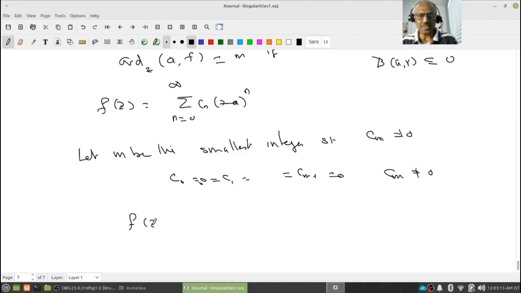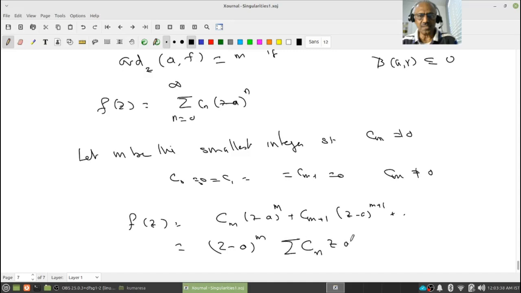Therefore I can write f of z as c_m (z minus a) to the power m plus c_(m plus 1) (z minus a) to the power m plus 1, and so on. Therefore again I can write it as (z minus a) to the power m into the summation c_n (z minus a) to the power n minus m, where n is greater than or equal to m.